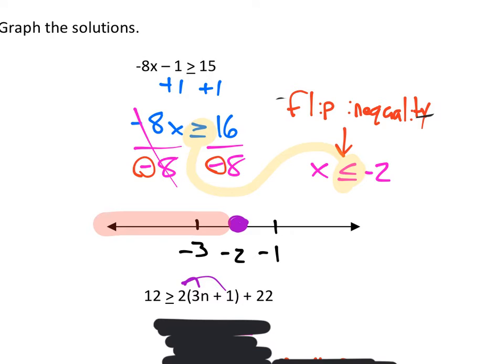We would use a filled-in circle because there's a line under our inequality, so it's a solid circle. And we would shade to the left because those are all the numbers that are less than or equal to negative 2. All right, but don't forget the key concept here. The only thing that really makes these different from equations is if you divide or multiply by a negative number, flip that inequality.